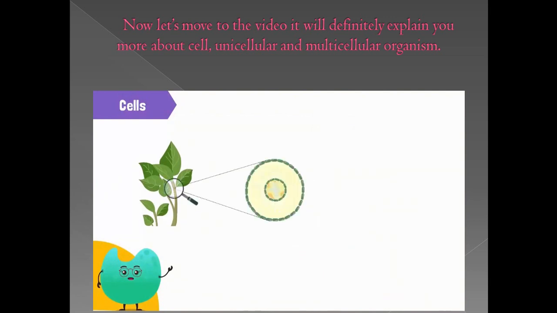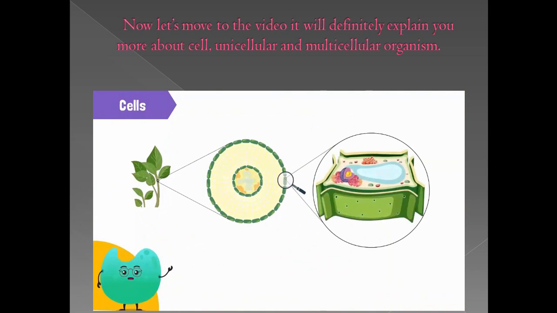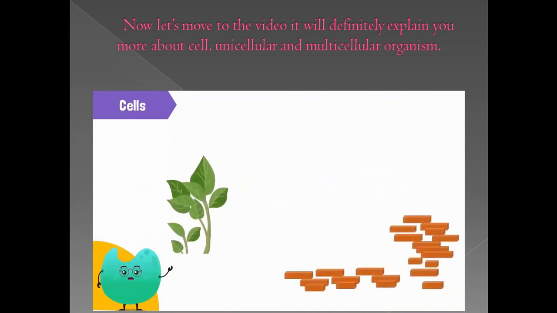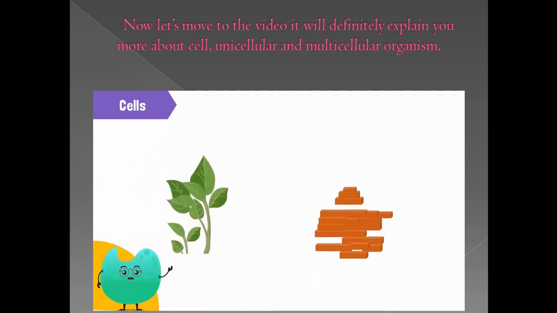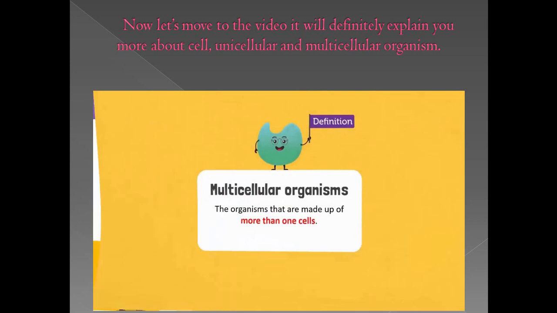Cells are so tiny that they cannot be seen by the naked eye, but all of them join to form a bigger organism that we can see. Just like a house cannot be pictured until you see all the bricks come together. The organisms that are made up of more than one cell are called multicellular organisms.